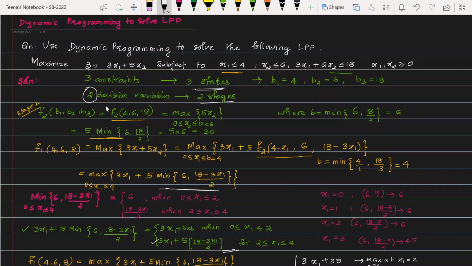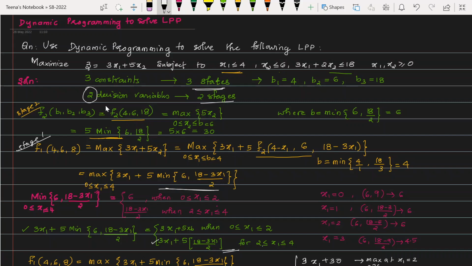Now we go for the first stage, F1. So this is our first stage, F1(4, 6, 8), and that is maximum of 3x1 plus 5x2. The whole objective function is considered. So this is the recursive equation form: maximum of 3x1 plus 5 into F2(4 minus x1, 6, 18 minus 3x1).